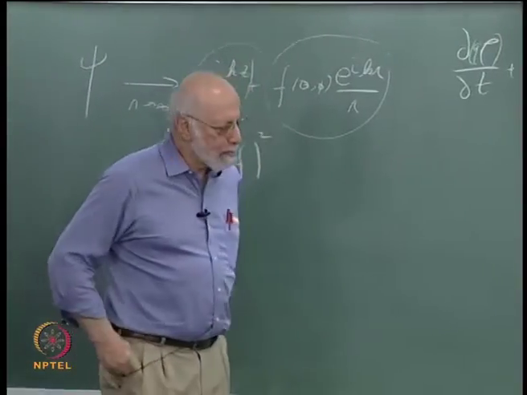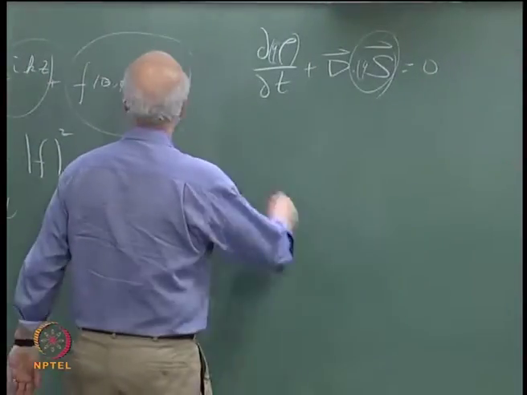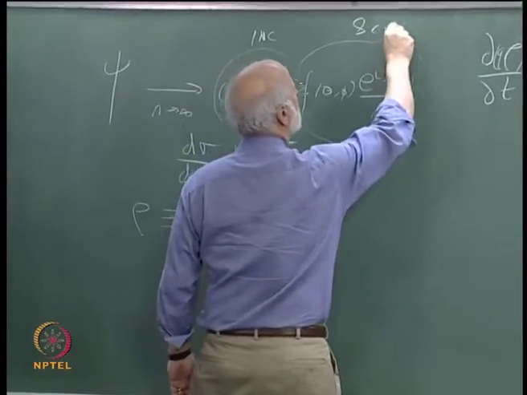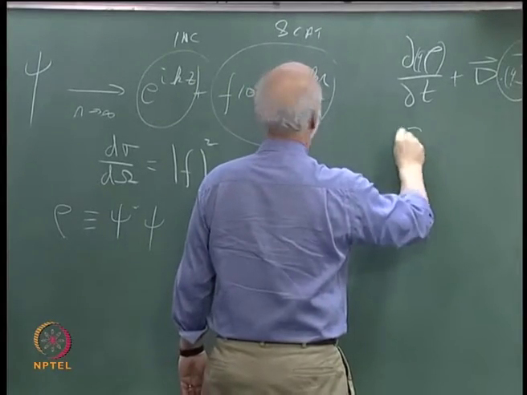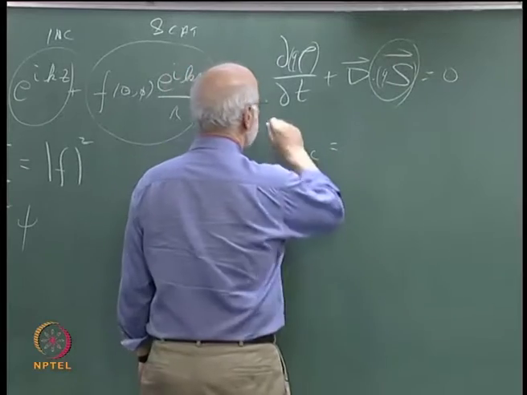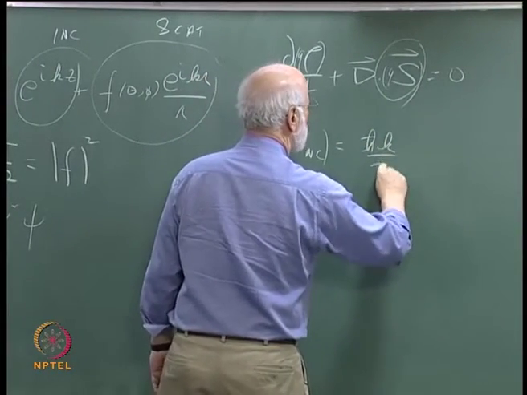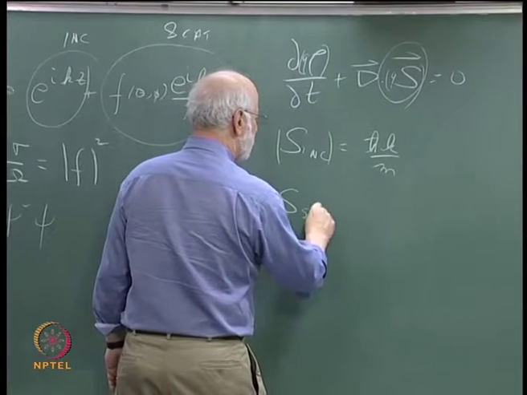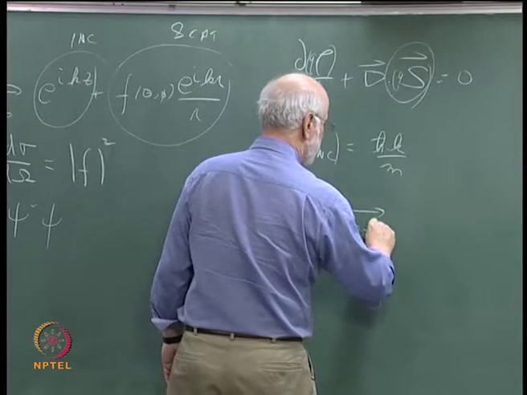Okay, so you do this, and actually what you get, if I call this the incoming wave and the scattered wave, is that S incoming is equal to, well, all I care about is the magnitude, h bar k over m, and S scattered, as r goes to infinity.